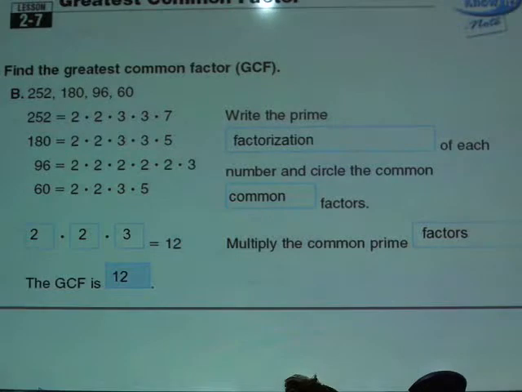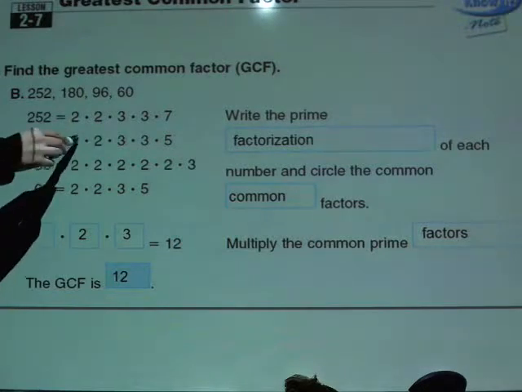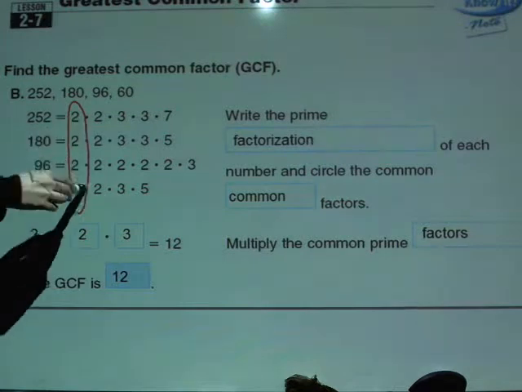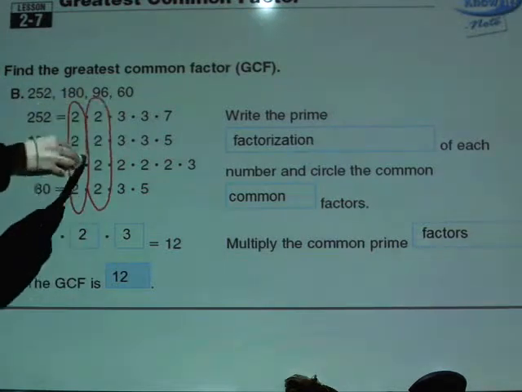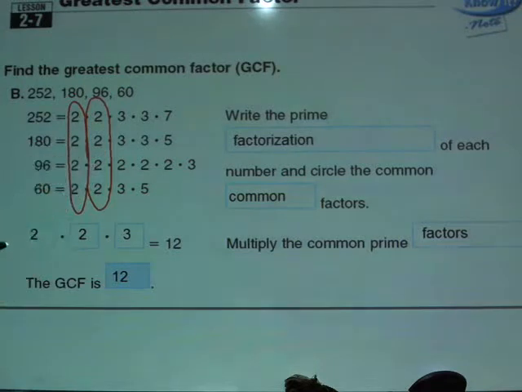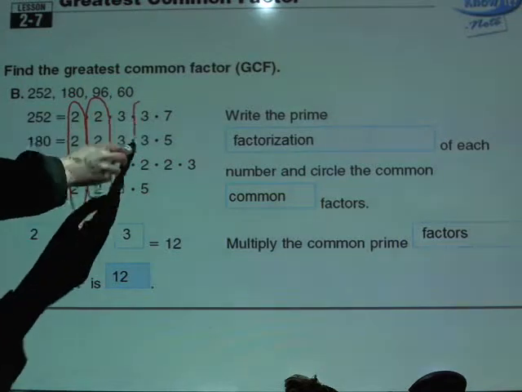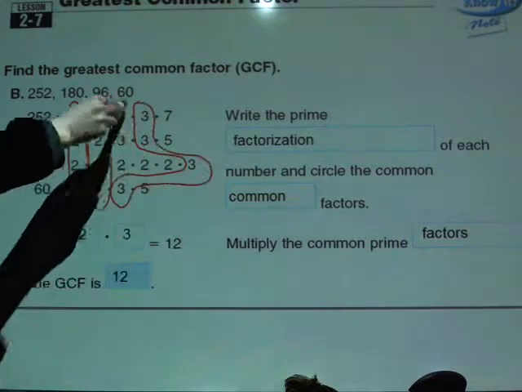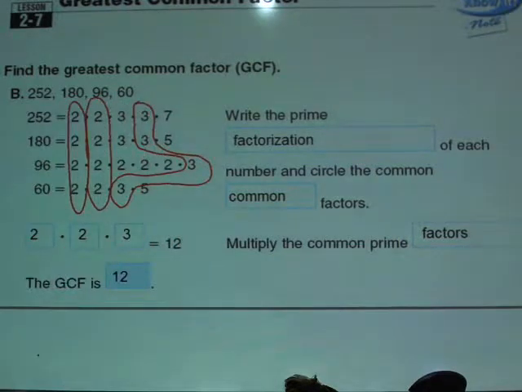But if we do what we did in the last example, circle our matches. Well, we've got a set of 2's in all the rows. We've got another set of 2's in all the rows. And then, even though they're not in a perfect line, that's not necessary, we've got a set of 3's in all the rows.